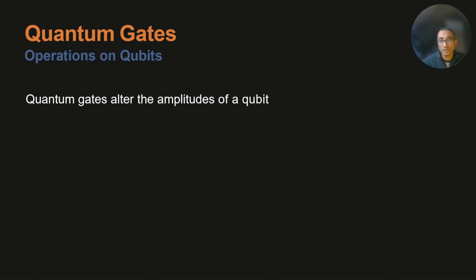Now, I hope you recall from the previous videos on the basics of qubits that it carries an amplitude, the squares of which, when you add them together, will give you a result of 1. So the purpose of quantum gates is to alter that amplitude, giving it different values, and then conducting the operation.